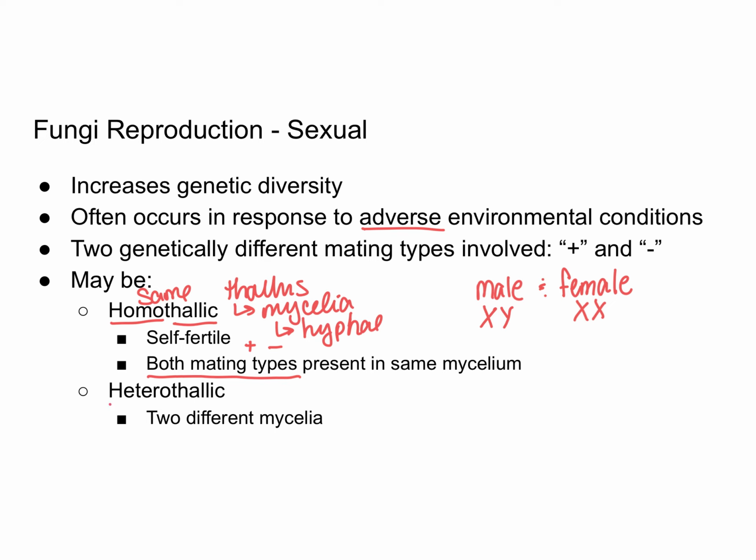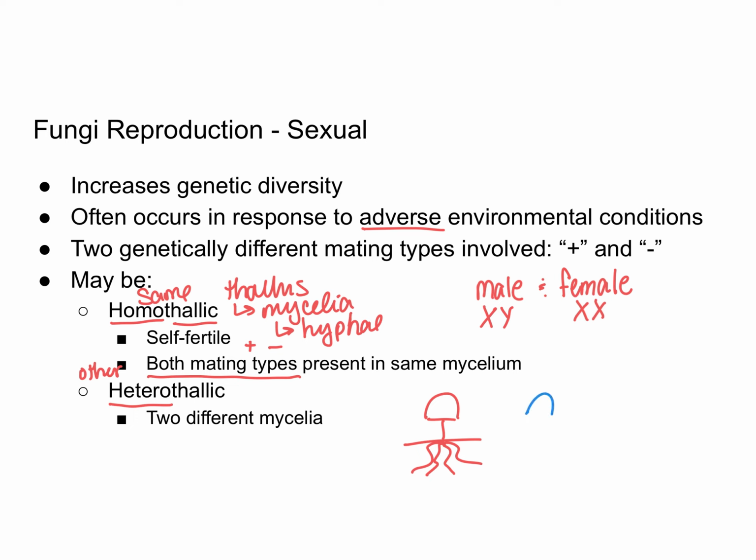Heterothallic, hetero means other or different. And thallic, once again, has to do with the thallus. And so in a fungus that is heterothallic, two different mycelia have to be involved in order for sexual reproduction to occur. So you would essentially have your mushroom here with its thallus made up of these mycelia.